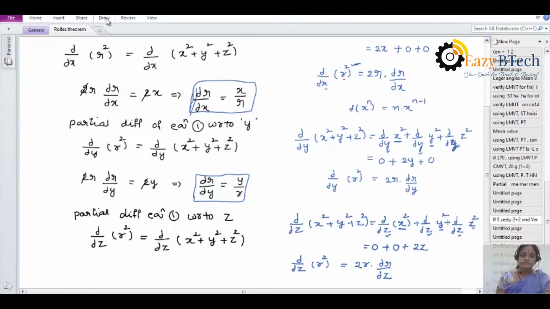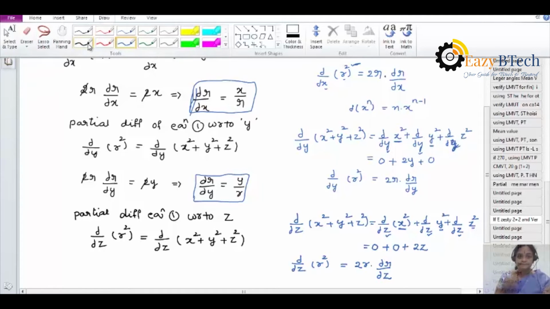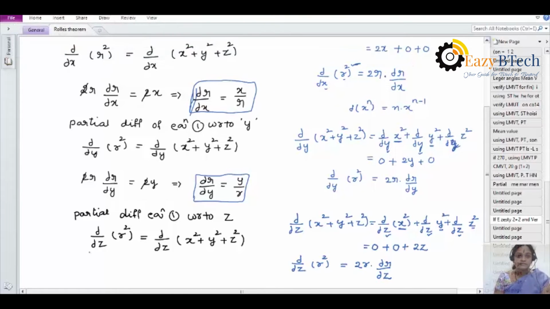Now the substitutions: the value of ∂/∂z of r² is 2r ∂r/∂z, and the RHS part is 2z. The 2s cancel, and the value of ∂r/∂z is equal to z by r.